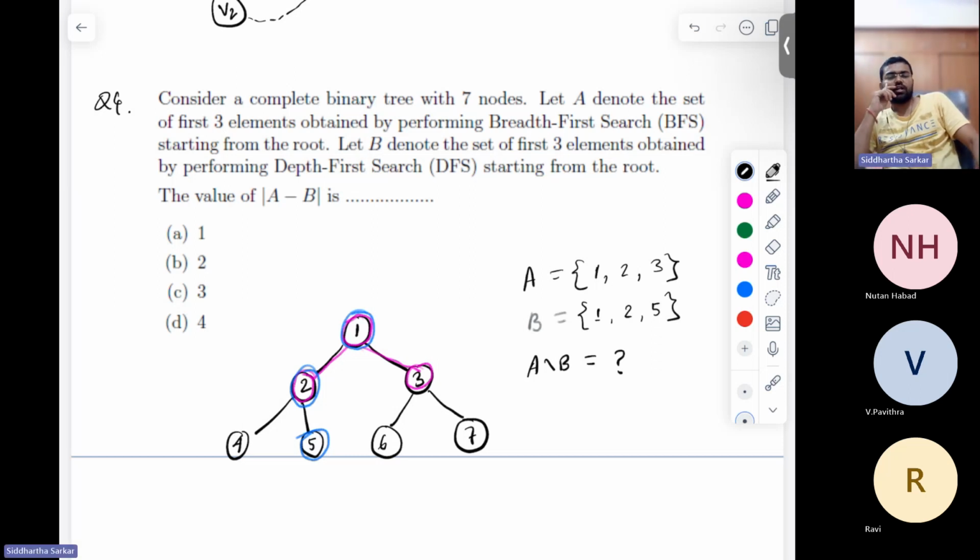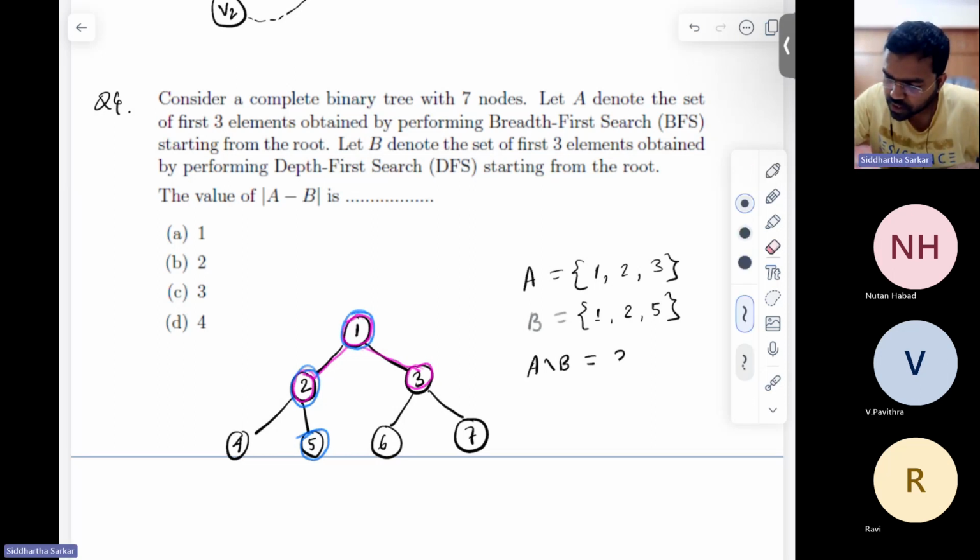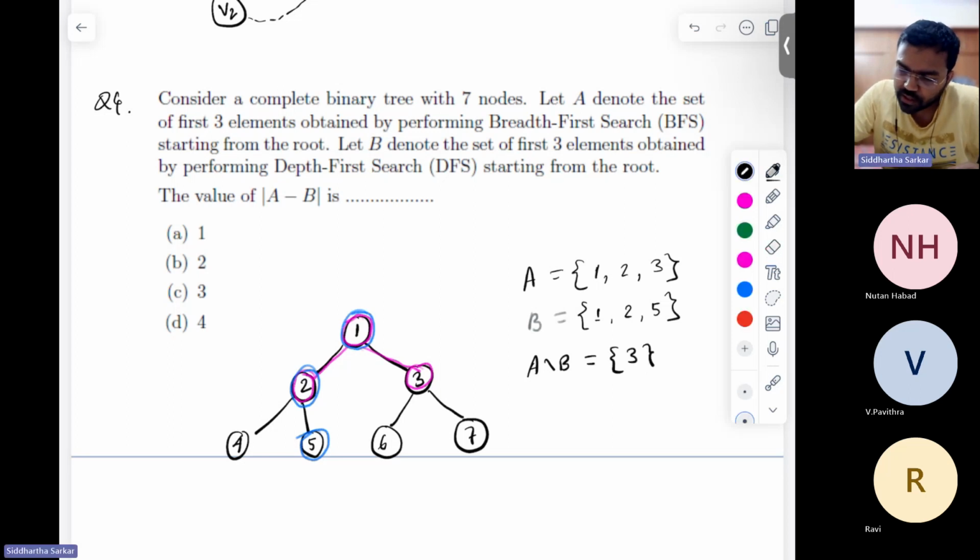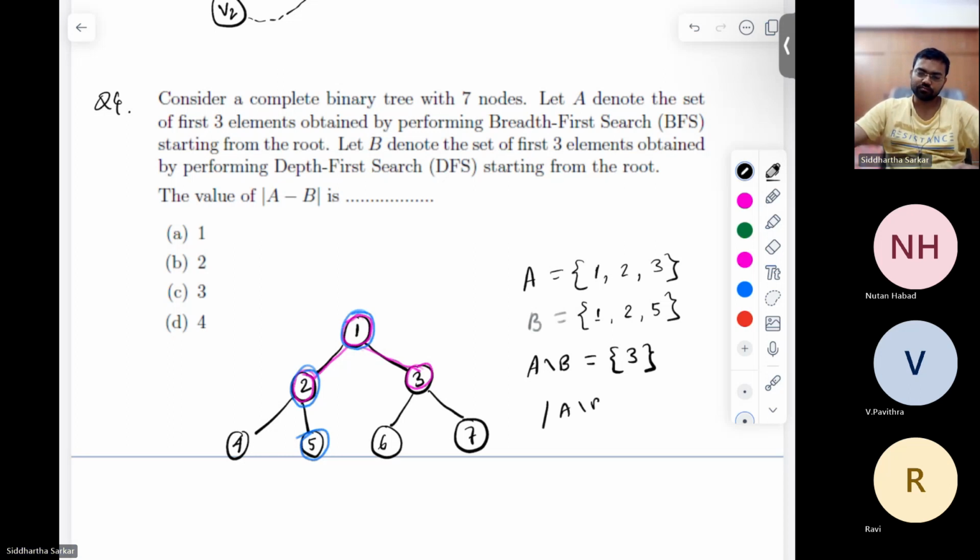So 3 is contained in A but not in B. So A minus B is the singleton set consisting of the element 3. So its cardinality is only one element.